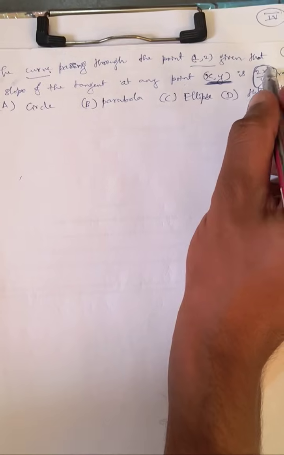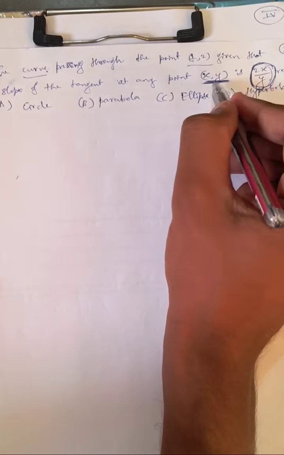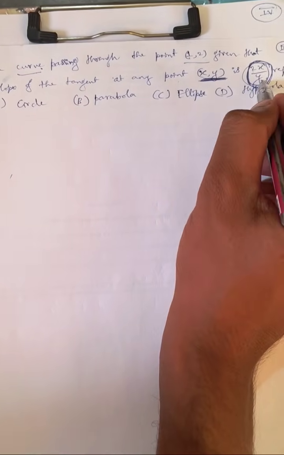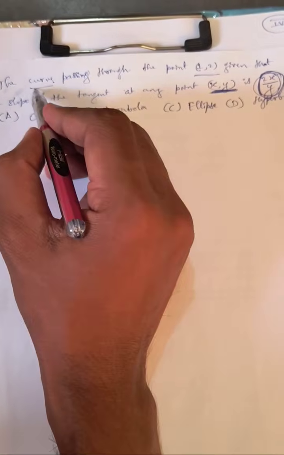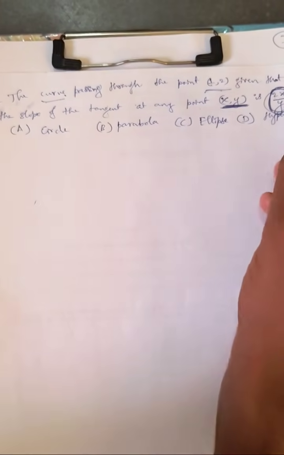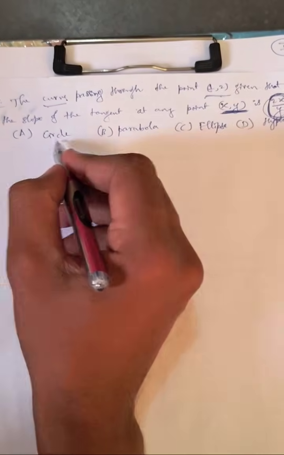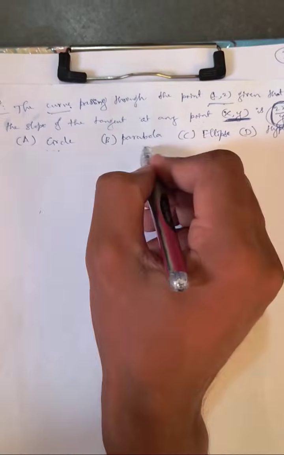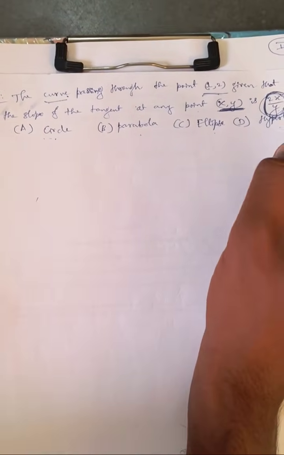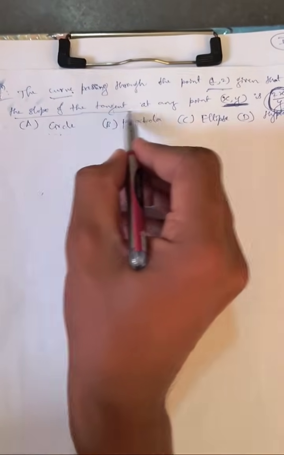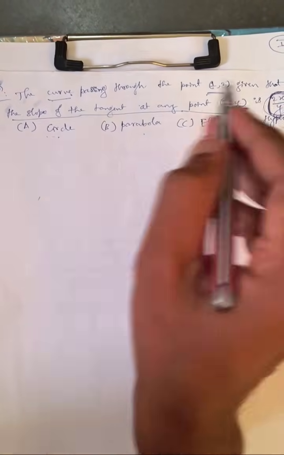So the slope of the tangent to the curve at (x, y) is 2x by y, and the curve is passing through (1, 2). Then we have to find what the curve represents among these four: a circle, parabola, ellipse or hyperbola.